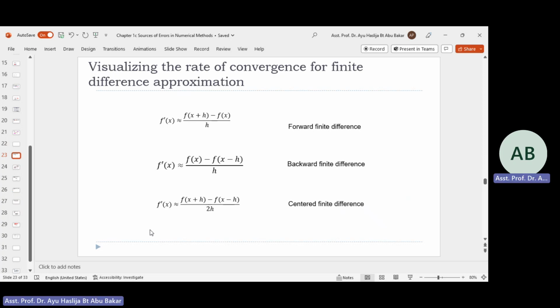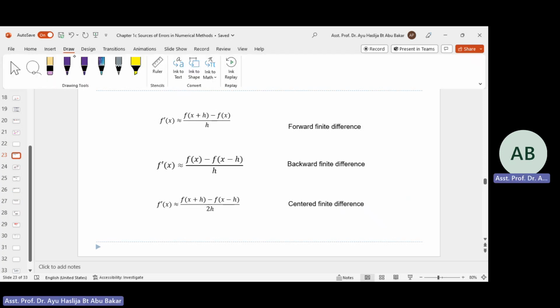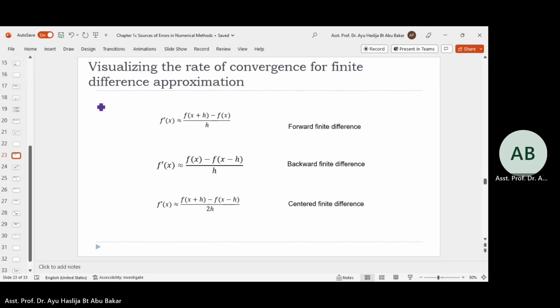Basically, f prime x is the differentiation, whereby the differentiation is equivalent to dy dx. We know that dy dx is the difference between two points, like when you want to identify your slope.